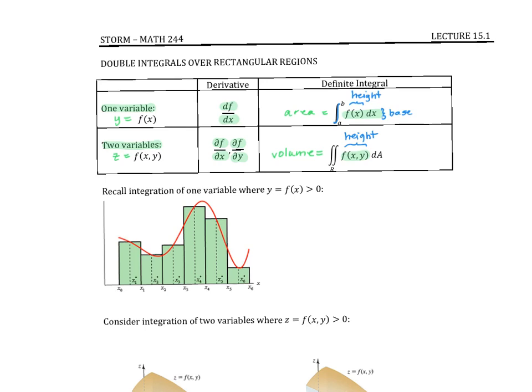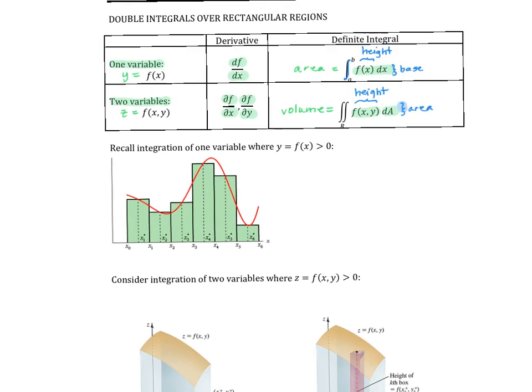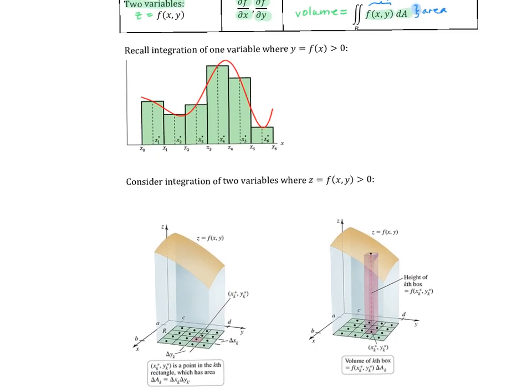But now we have this area in the xy plane. So this would be an area. So there's an area in the xy plane, and then this area is going to have some height, which will make this volume. So let's kind of look at sketches of that idea.